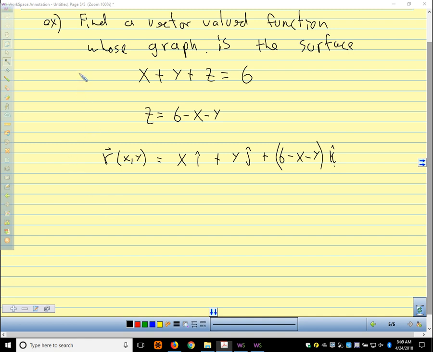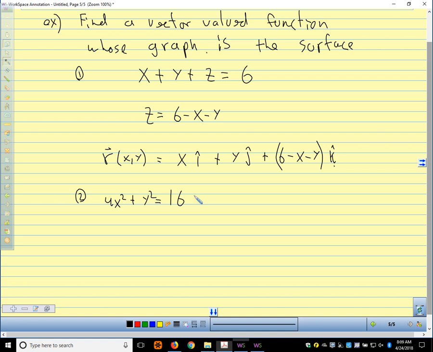How about 4x squared plus y squared equals 16. We don't have z, so z can be anything, right? Or v. So what do we want to do with this, though?